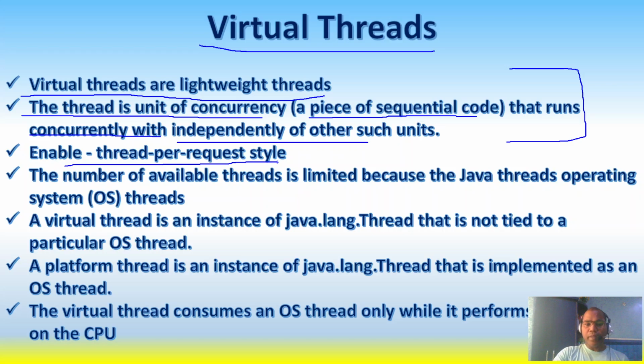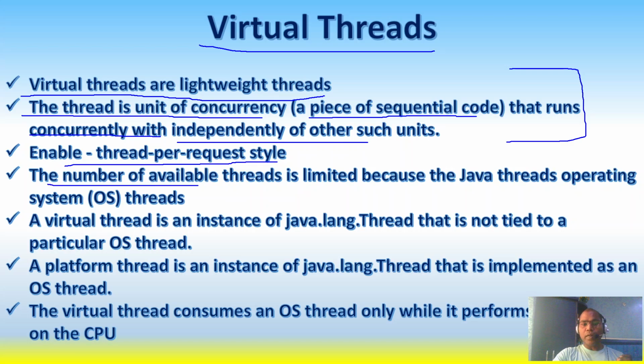So the main purpose of virtual threads is that Java applications or any application server can create as many threads as needed, not bound by the particular operating system they are running on.